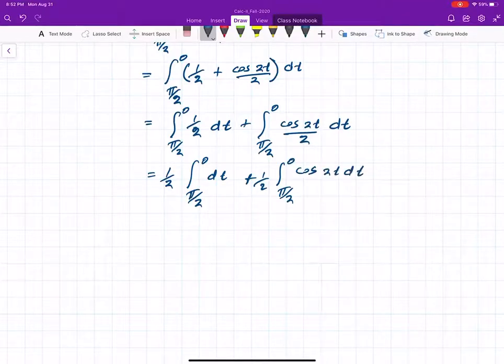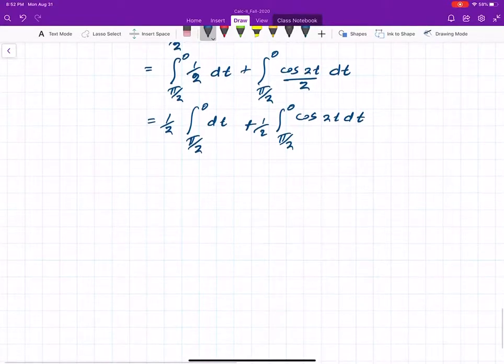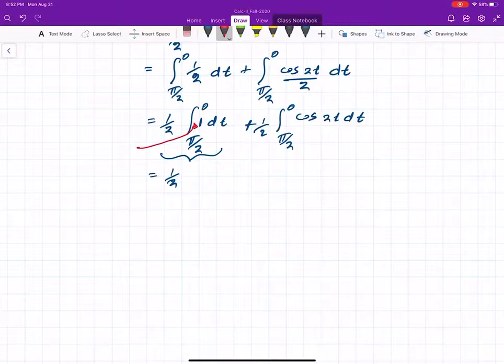The integration of the first part is straightforward with the power law. You have 1 here, and 1 is the same as x to the power 0.